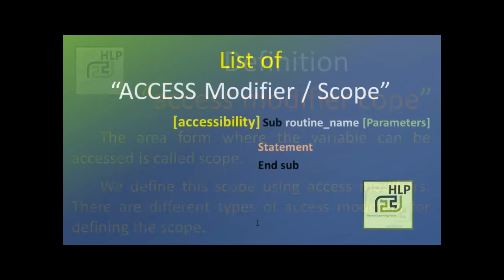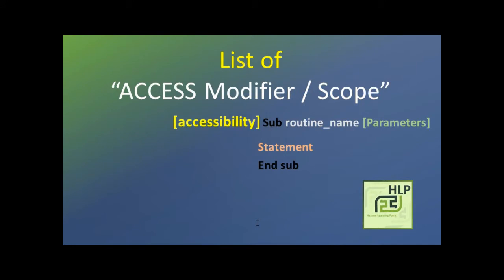Before we see the list of access modifier scopes, we should understand the syntax of any subroutine procedure, where the first part is the accessibility, then the subroutine name, parameters, then statements and End Sub.